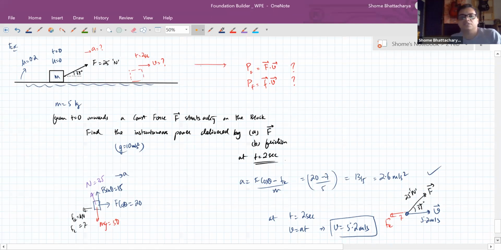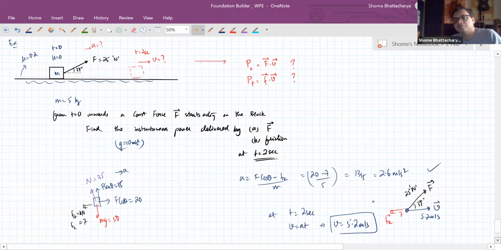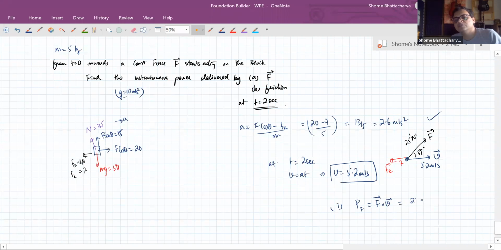So the power developed by F will be F dot v. So that is 25 into 5.2 into cos 37. So that will become 104 watts. So it's a positive 104 watts.